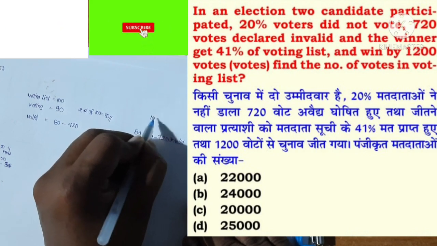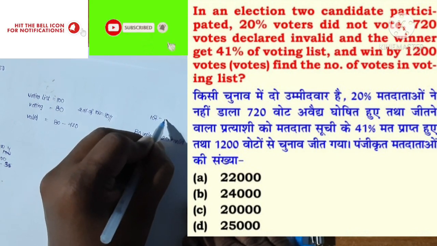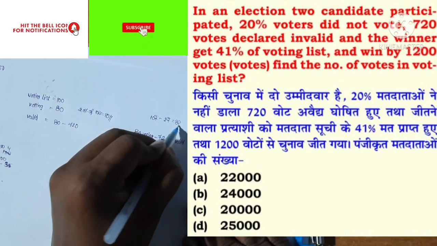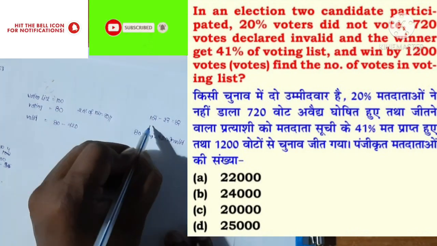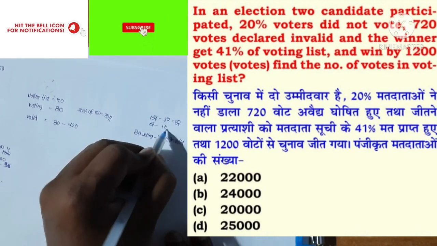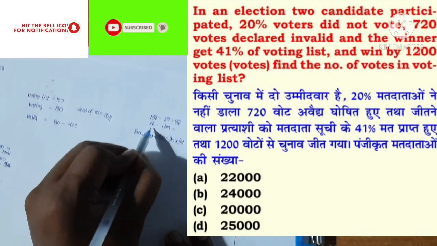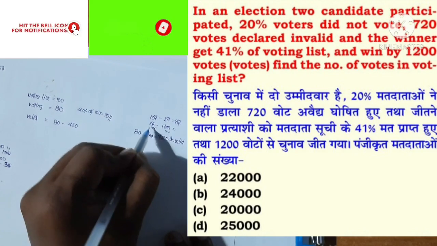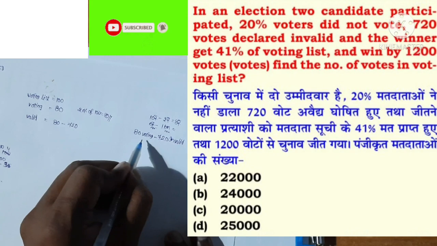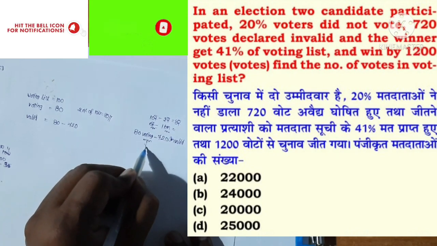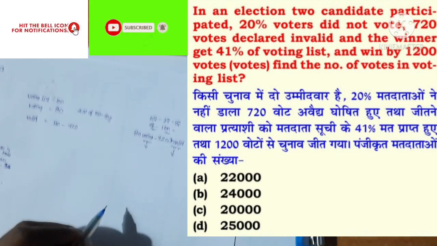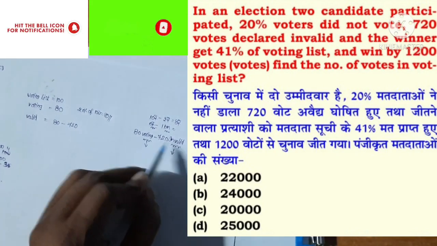Like 10 rupees minus 2 rupees, so the value is 8 rupees. But 10 rupees minus 1 kilometer is not possible, since their units are different. Similarly, here voting is one thing and this is invalid, so it is not possible to subtract 80 minus 720.